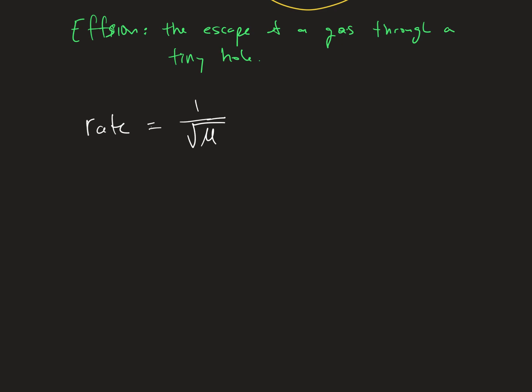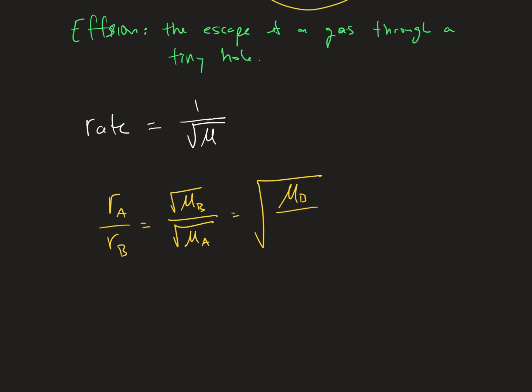So if we want to compare the rate of two gases, we could say the rate of one gas in relationship to the rate of another gas. That's going to equal the square root of the molar mass of gas B over the square root of the molar mass of gas A. And we can rewrite this mathematically as the same thing: the square root of molar mass of B over molar mass of A. Wait, that's square root of A and B, not R of A, right?